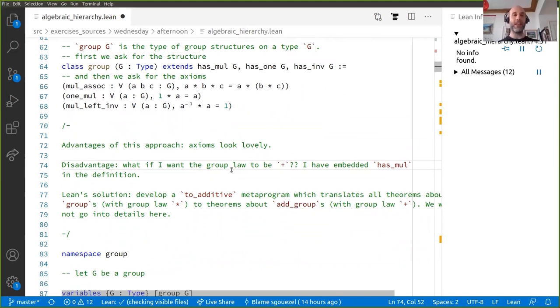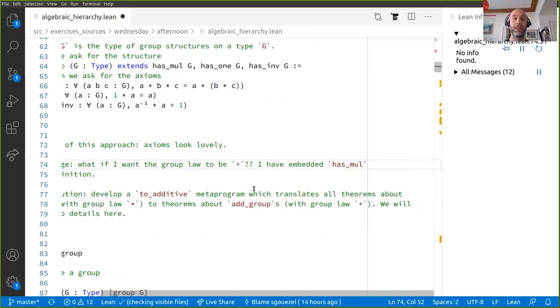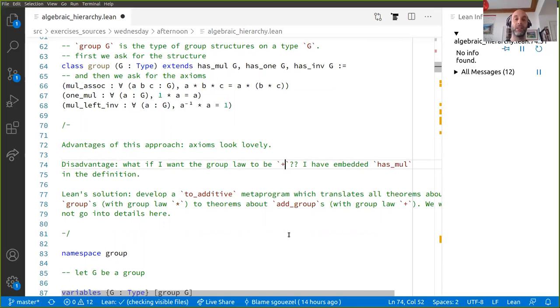You might imagine that's a pain, because every theorem about groups you have to prove twice, once for multiplication and once for addition. But we have a meta program which translates theorems about groups with multiplication to theorems about additive groups with addition. I won't go into the details, but suffice it to say that I initially thought this would not scale very well, but actually we've done fine so far.